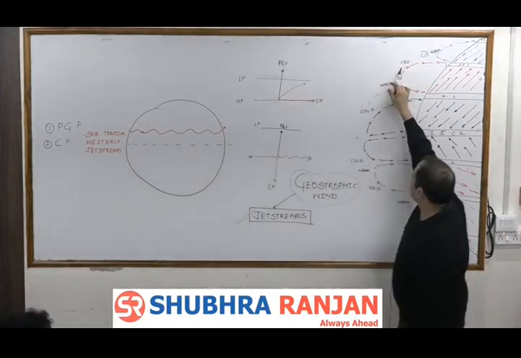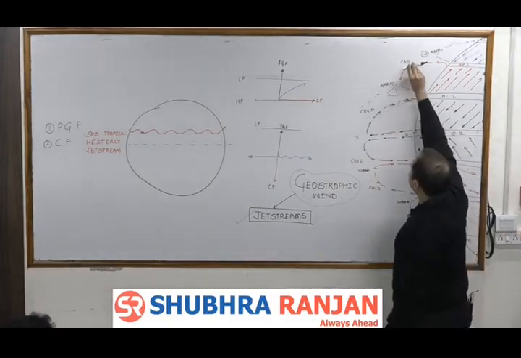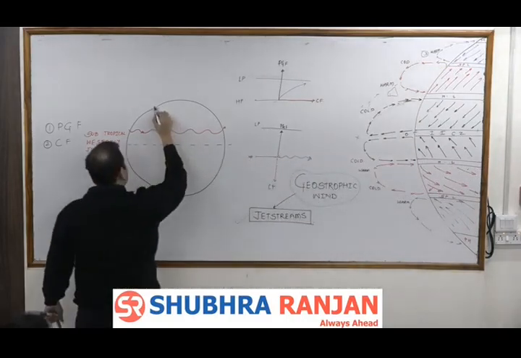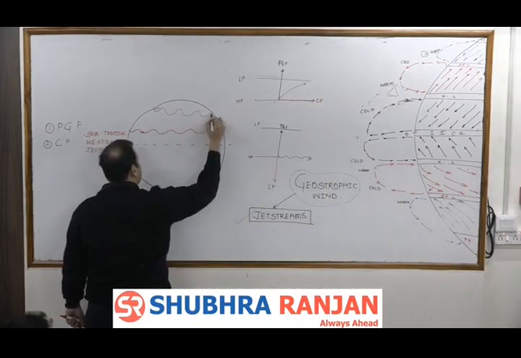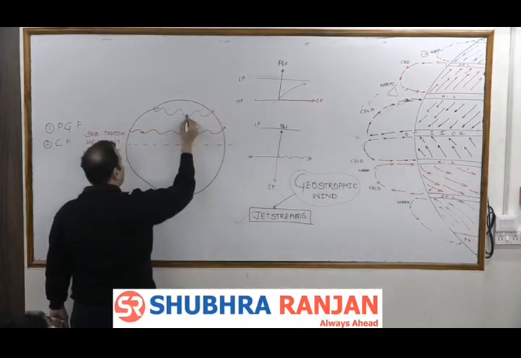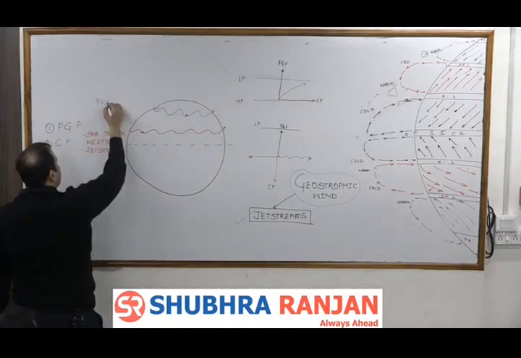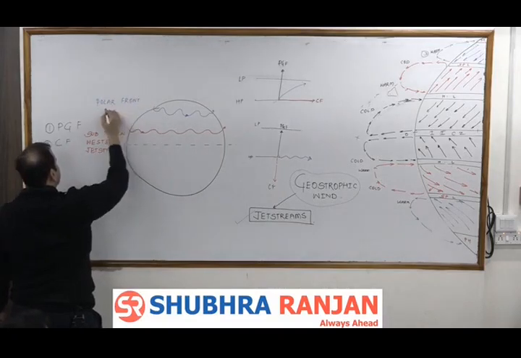So it is going here. See, put yourself in this direction and it is going to get deflected to the right. So there is a jet stream which blows all around the world over the subpolar belt, and you will call this the polar front jet.